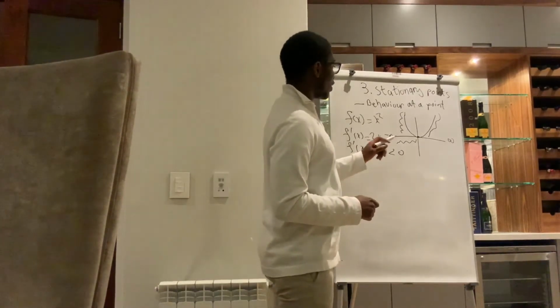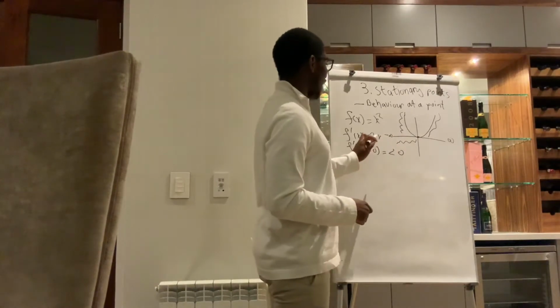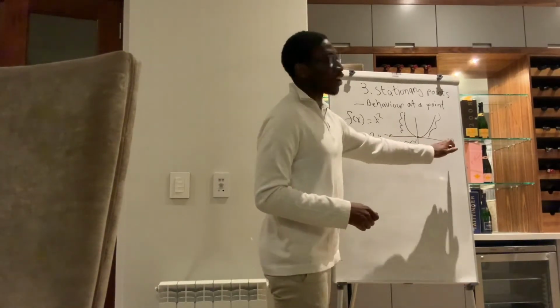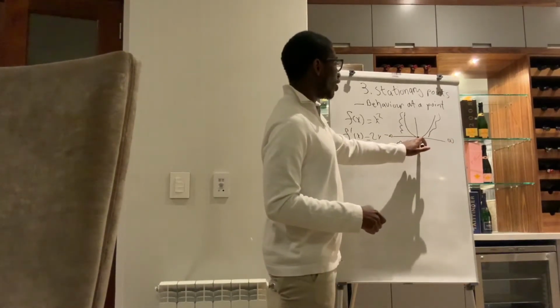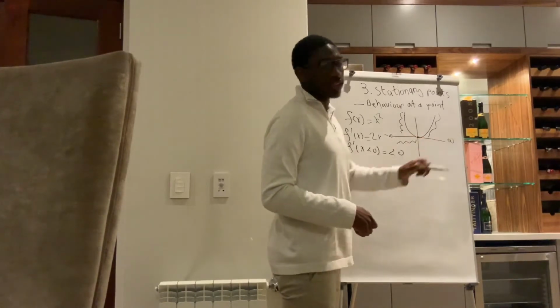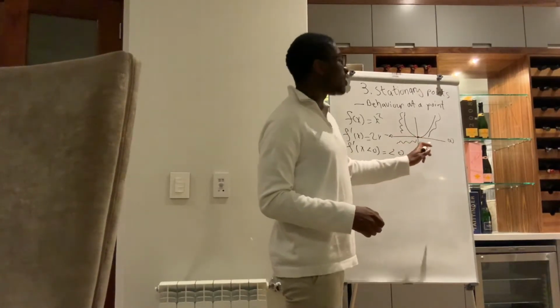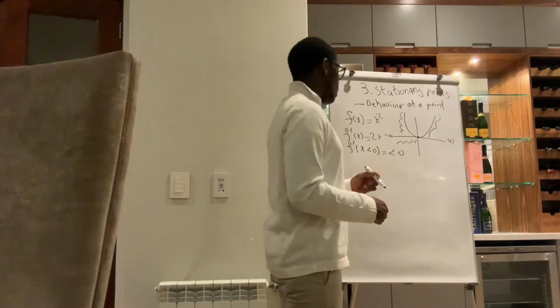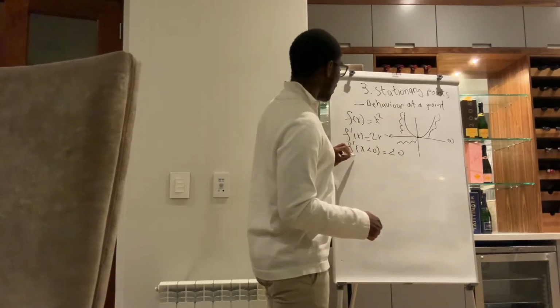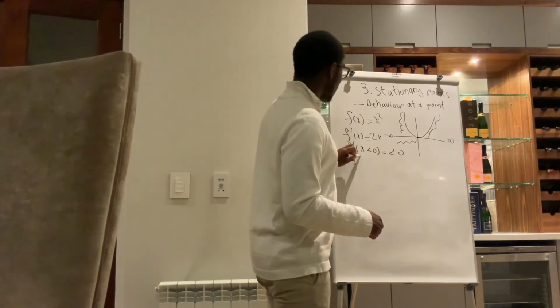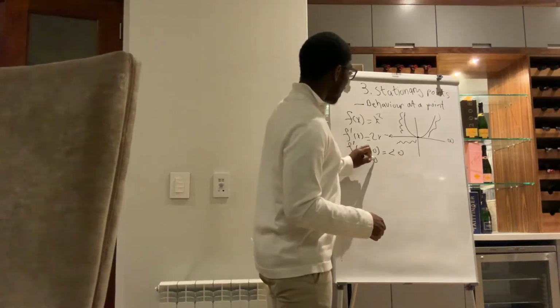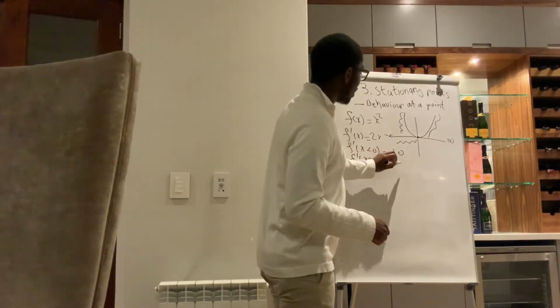On the other hand, if we take any number to the right of the origin, so any x value that's positive, as x is greater than 0 and tends towards positive infinity, what we'll see is the derivative of any positive x is going to be positive.